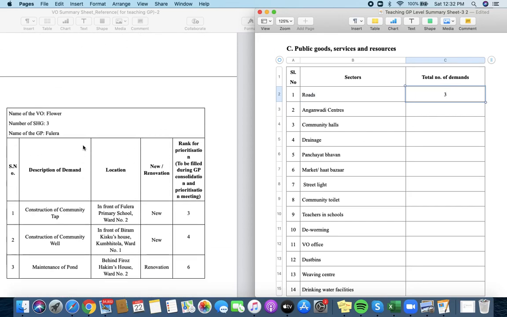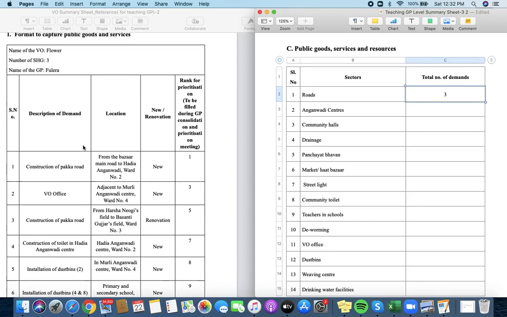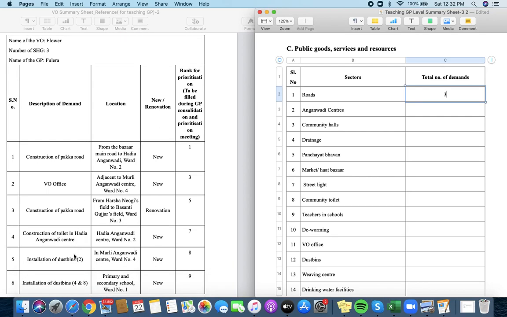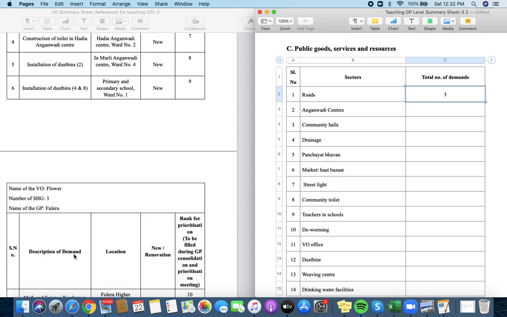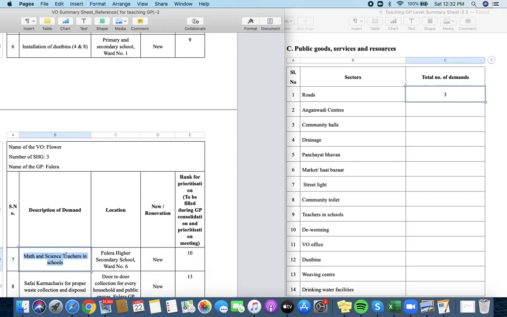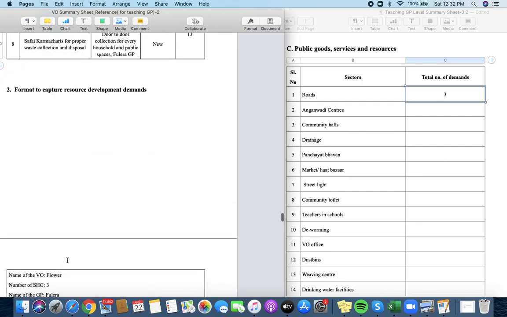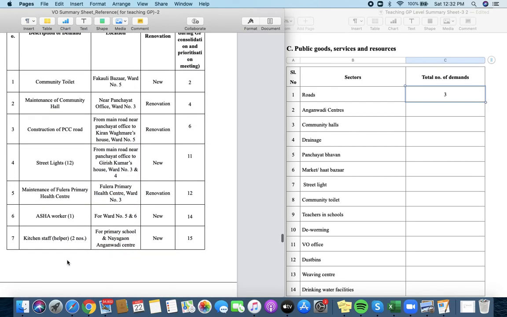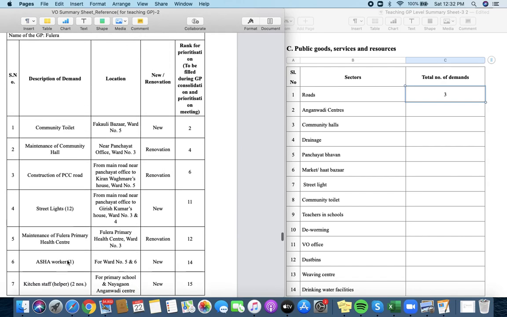Now we will check for services. In Flower VO, we will see that installation of a dustbin is one of the services that people have demanded, or maybe we can see maths and science teachers. So 1 maths and science teacher. And in Neer Mahal VO, do we have any maths and science teacher?